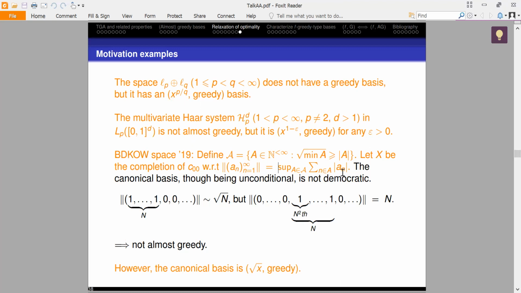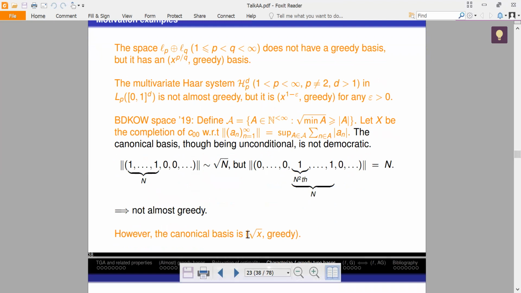I didn't mention partially greedy in this talk, but they construct a basis that is partially greedy but not almost greedy. If you take the completion of c_00 with respect to this norm, then the canonical basis is not almost greedy, but it turns out that it is square root of x greedy.